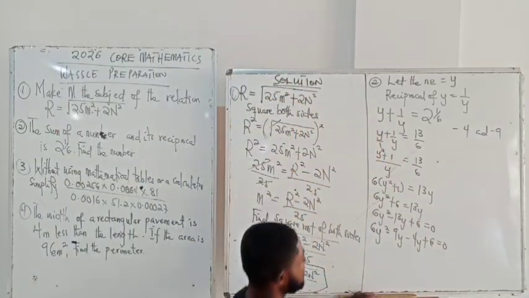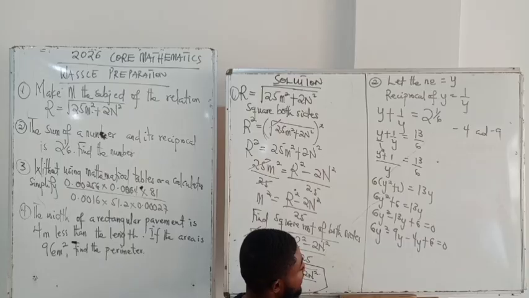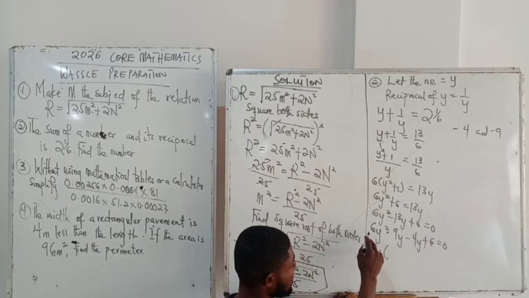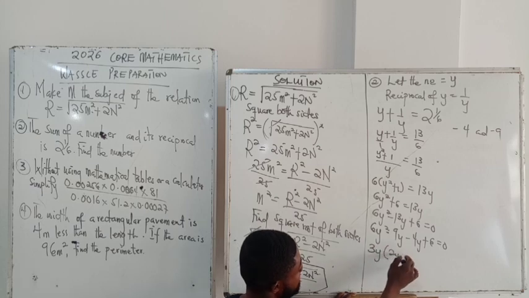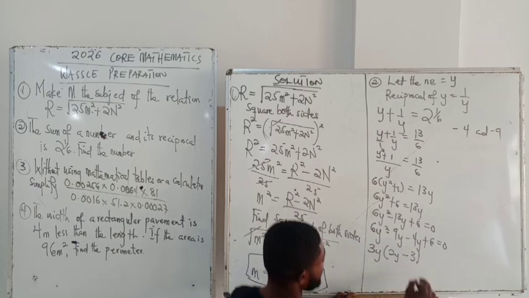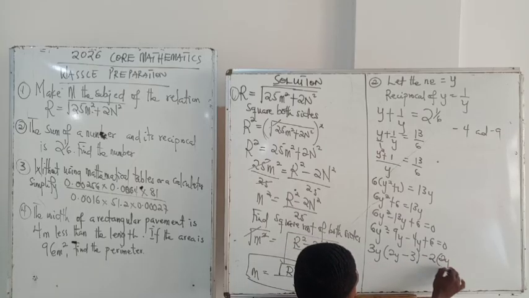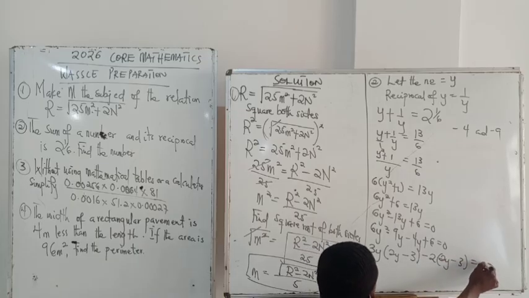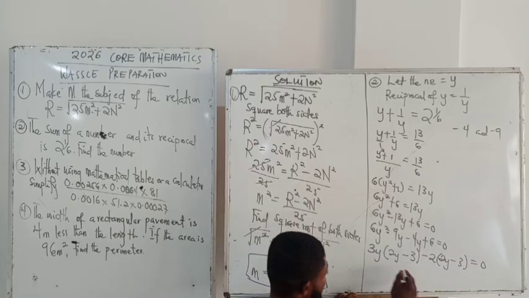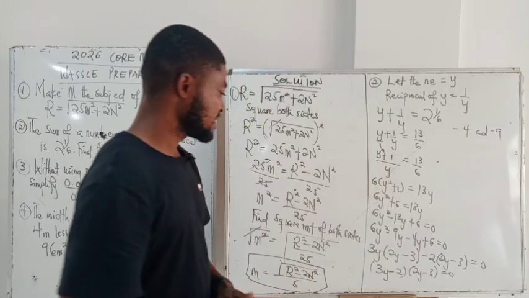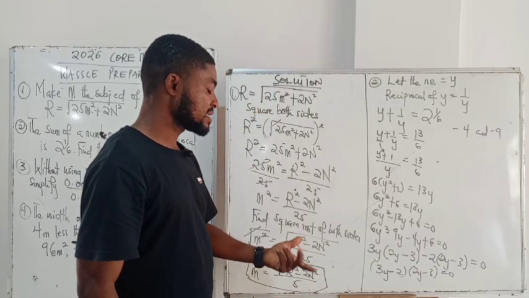Okay. What is common to 6y squared and then 9y? That should be a 3y. So 3y out. I'll be left with 2y here. Then 3. What is common here? That will be negative 3. 2y minus 3 in bracket. So I have two situations: 3y minus 2, 2y minus 3 is equal to 0.